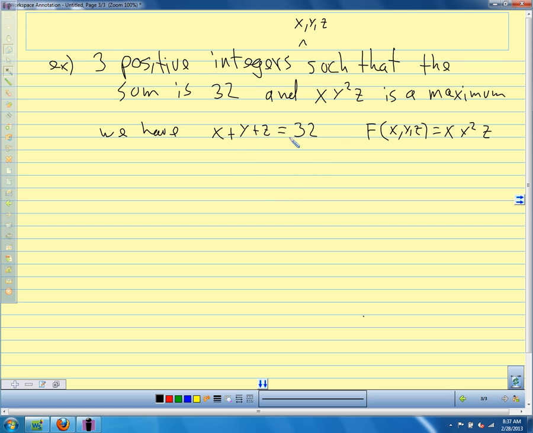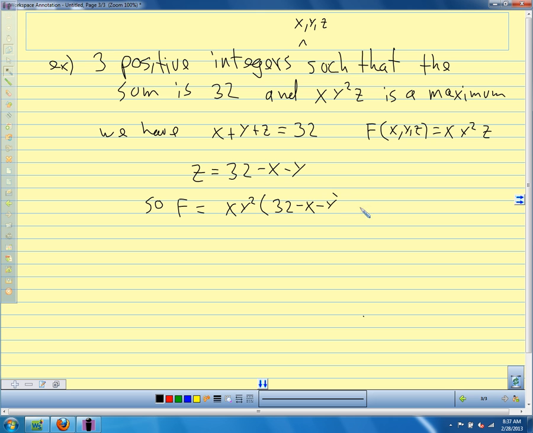So we're going to use the constraint to eliminate one of the variables. On the constraint, we have z equals 32 minus x minus y. And I'm going to substitute that into my function to eliminate z. So f is going to be xy squared times z, 32 minus x minus y.